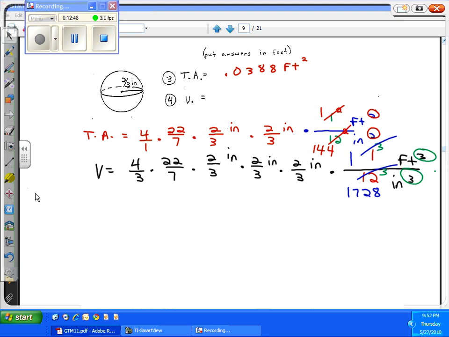So we're going to multiply by all the tops and divide by all the bottoms.